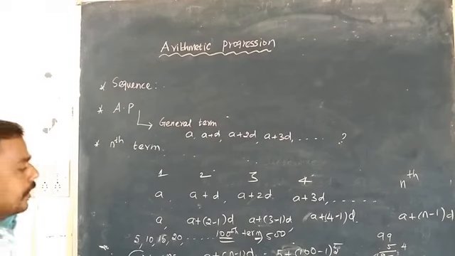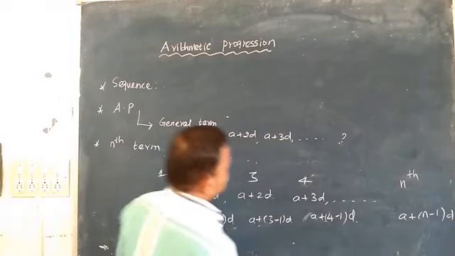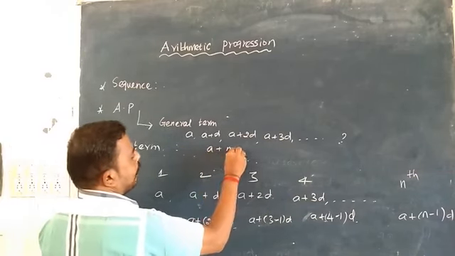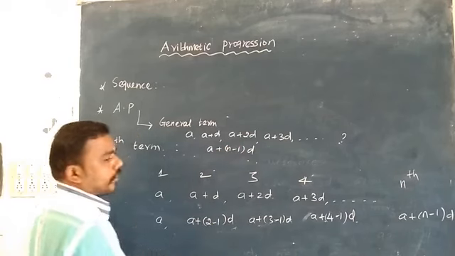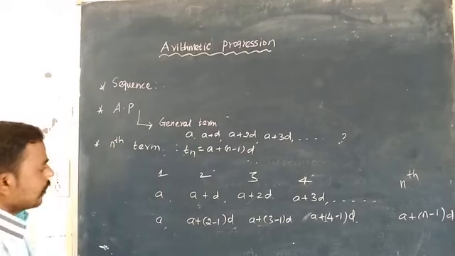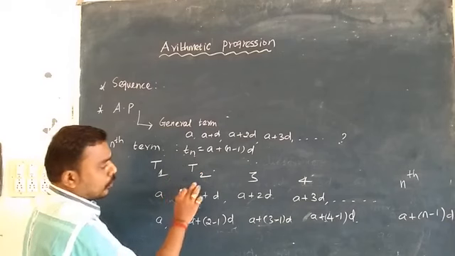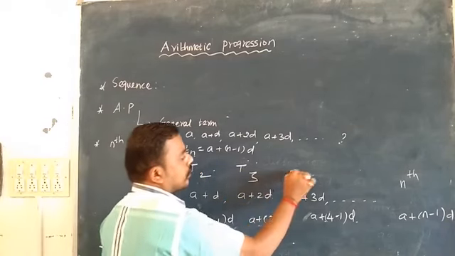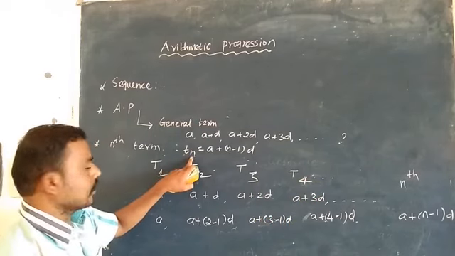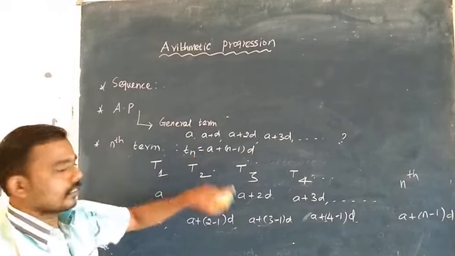So we need that idea. Here the nth term is A plus (n minus 1) into D. We are going to give it the name Tn. Why Tn? This is term 1, this is term 2, this is term 3, this is term 4 and so on. So Tn indicates the first place, second term, second place, third term, third place, like that.